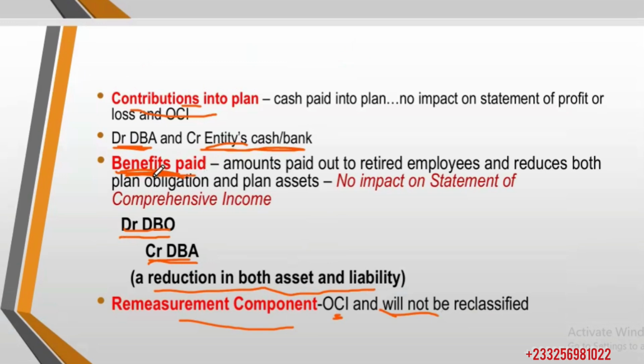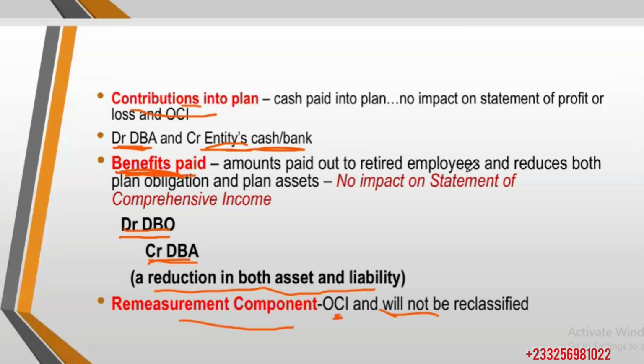Okay, so the benefit paid out, we said, is the amount paid to what? Retired employees. So the amount you're paying to the retired employees, we'll take it from the asset and pay the retired employees. So it will reduce the asset and it will also reduce our liability because the more employees you pay, your obligation reduces.